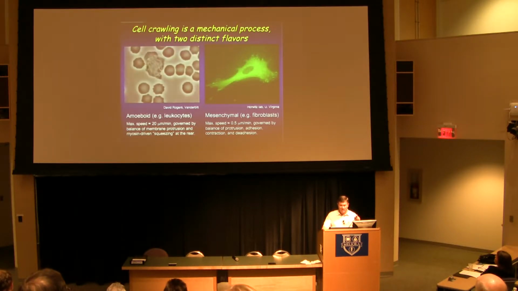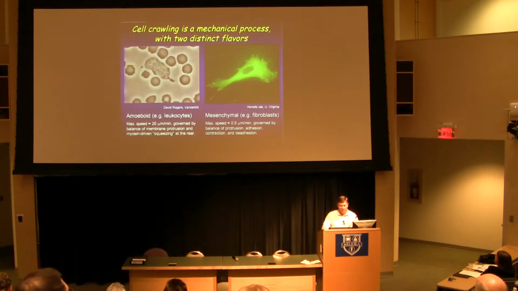And in that way, it's able to follow the path of the migrating bacterium. This is the so-called amoeboid mechanism whereby leukocytes and certain other types of cells migrate very fast. They're unfettered by strong adhesion, so they're able to squeeze through small spaces and move very rapidly.